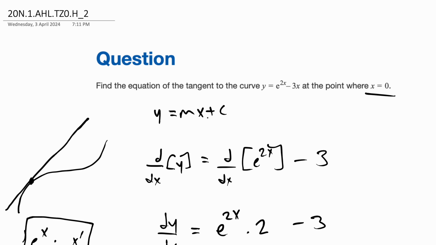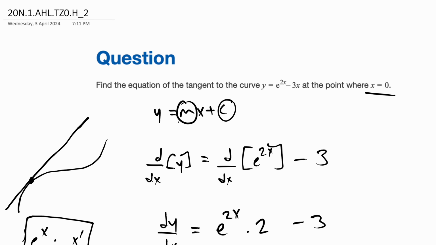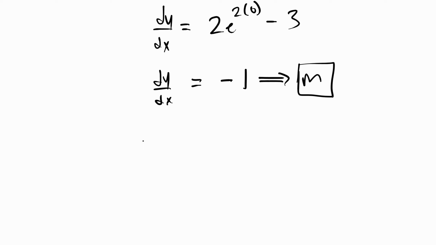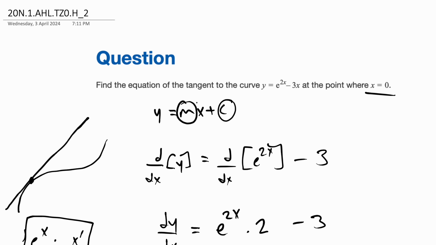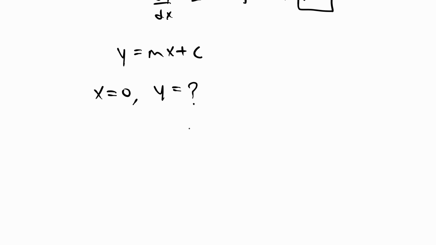We also need to find c, right? We found m and we need to find c. So how do we do this? y is equal to mx plus c. When x is equal to 0, y is equal to what? That's what we need to find out. So to do that, let's substitute x is equal to 0 into the original equation.